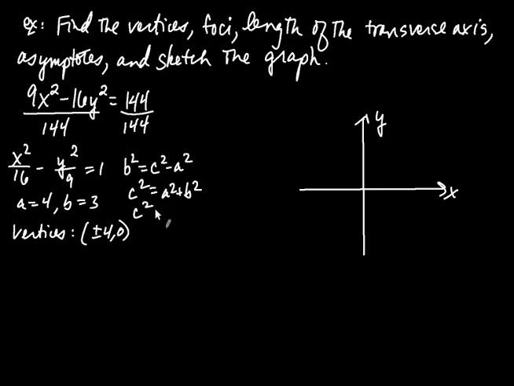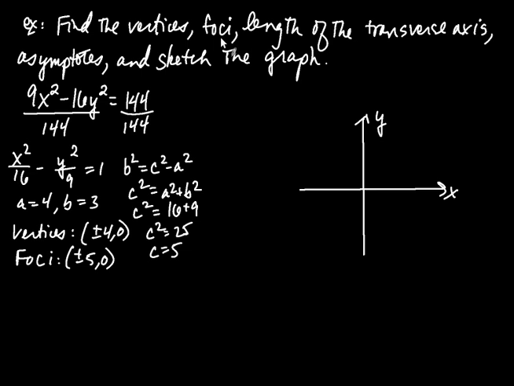So c squared is equal to, in this case, 16 plus 9, or 25. So that means if c squared is 25, c is 5. So my foci have coordinates positive, negative 5, comma 0.